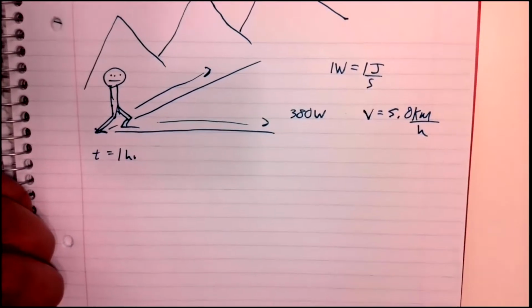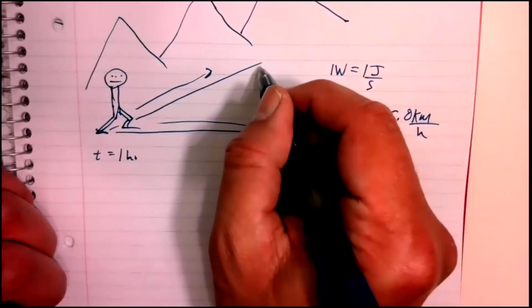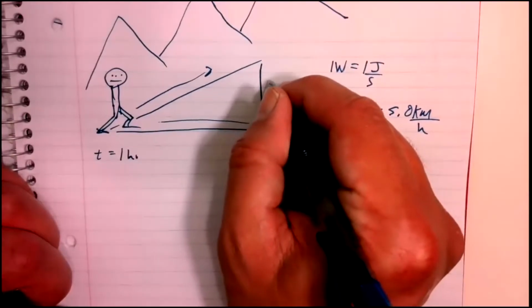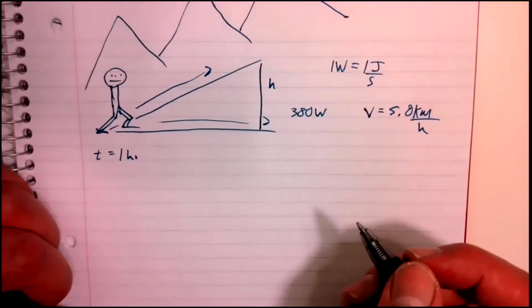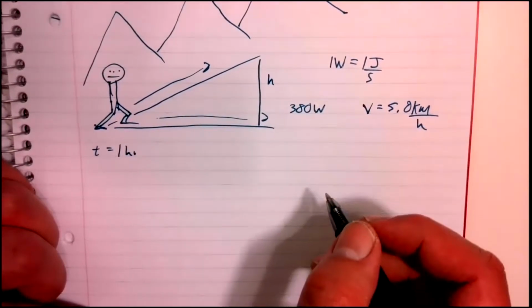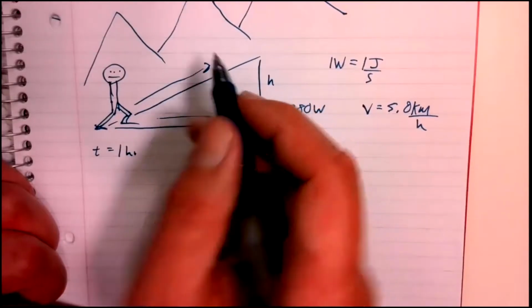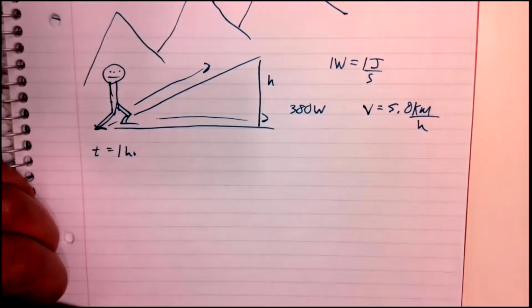Okay, so we're going to need to get the height that they go up here. So some height here, right? And we're going to need to get the distance that they travel.